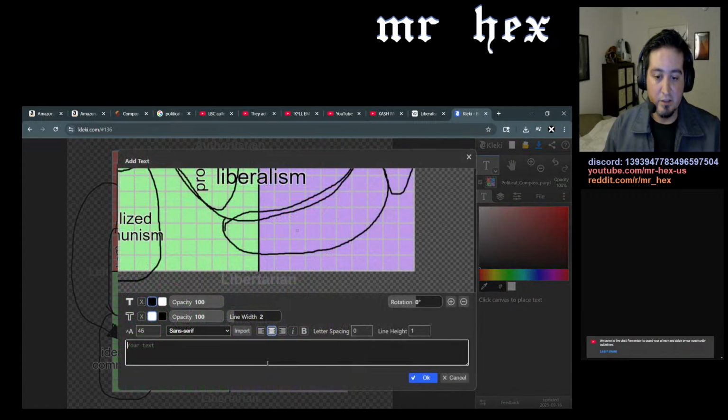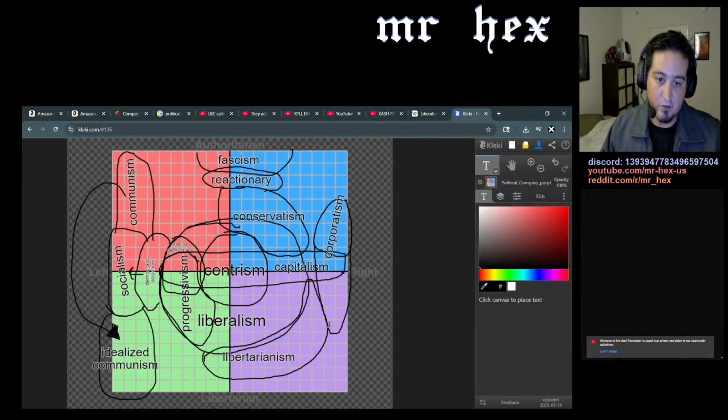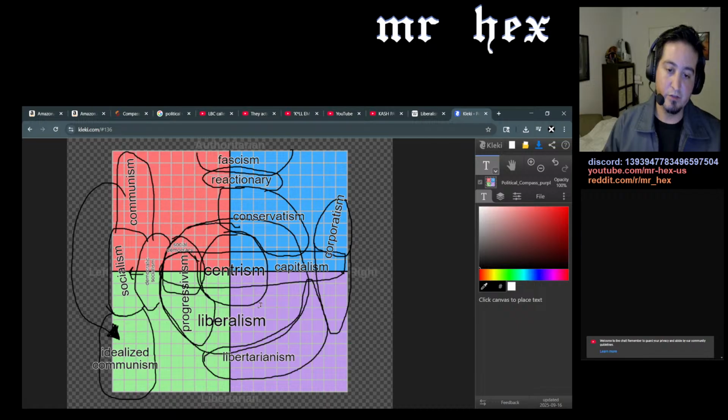But ideally, as a distinct ideology, they should be over here, where they like deregulation of guns or drugs, deregulation of social things. They don't care about LGBT issues like conservatives and reactionaries, but they also want the government not to be involved in economics, most of them.